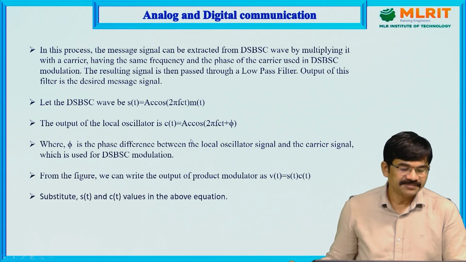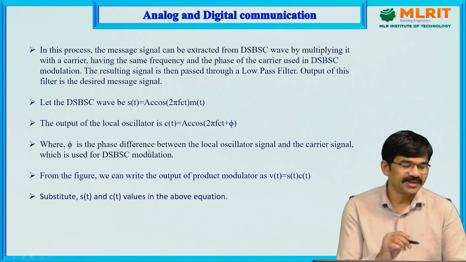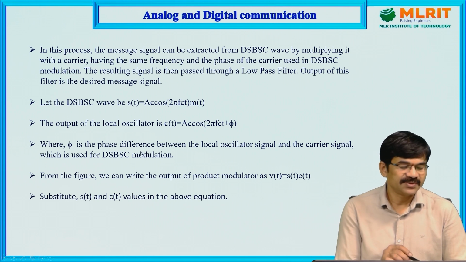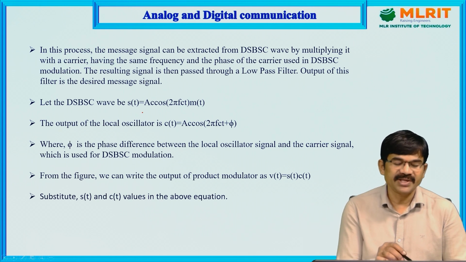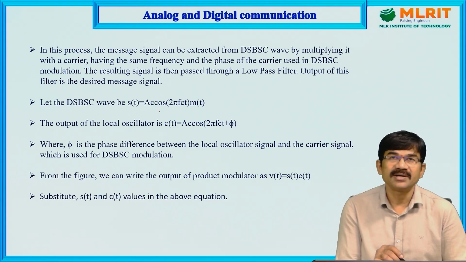So let us take the mathematical expression for that. Let the DSBSC wave s of t be Ac cos(2 pi fc t) into m of t, the signal generated by using the DSBSC modulator. That signal we apply as the input to the detector.